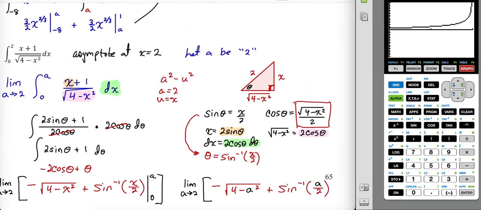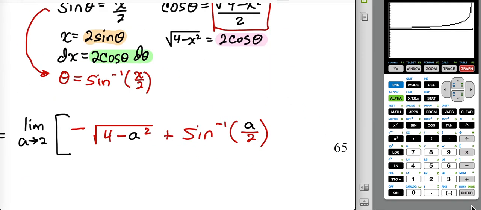Now if I replace all my x's with zeros, well, the inverse sine of 0 is 0, so that part's okay. But if I replace that first x with a 0, I'm going to get negative the square root of 4, which is going to be negative 2. Subtracting a negative 2 gives me a positive 2.